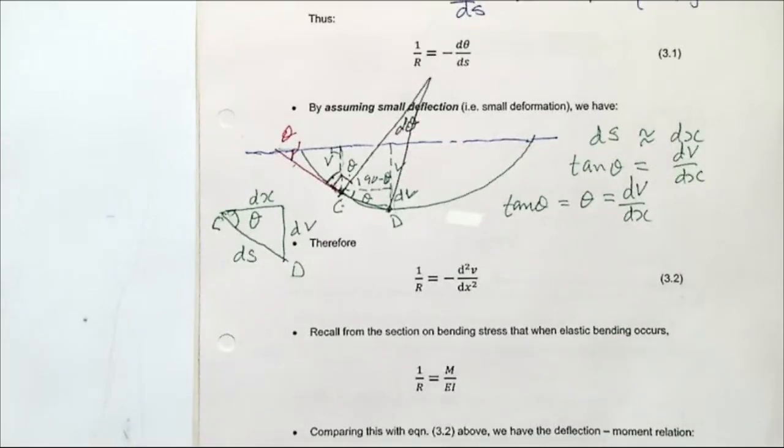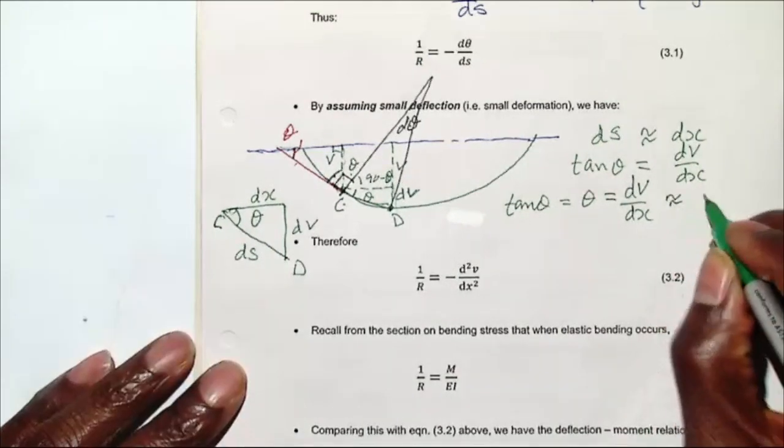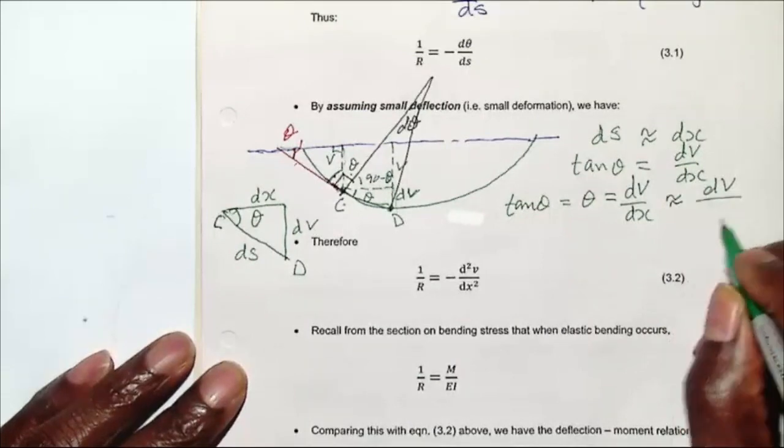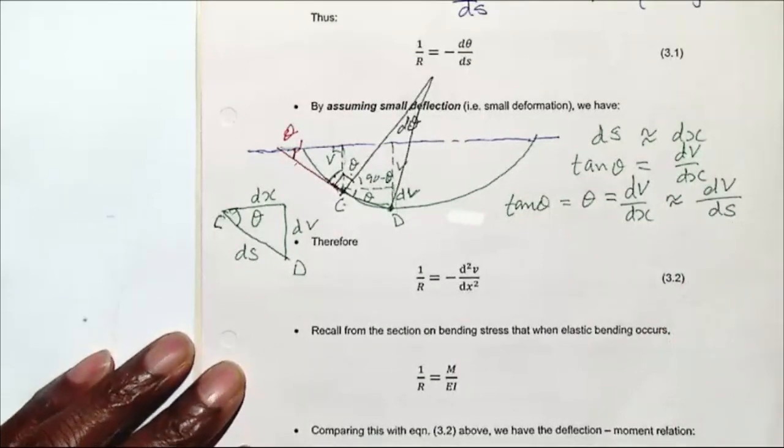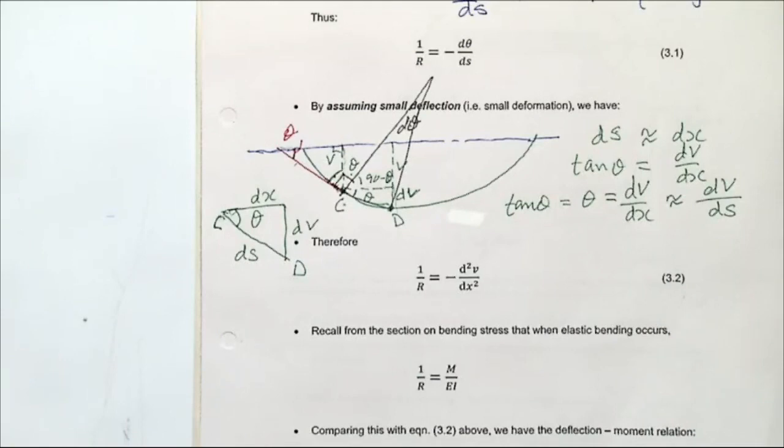But we've just said that because point C and point D are very close to each other, dx is the same as ds. So we'll say this will be dv over ds. Can we see that? Okay, so that is all I need.